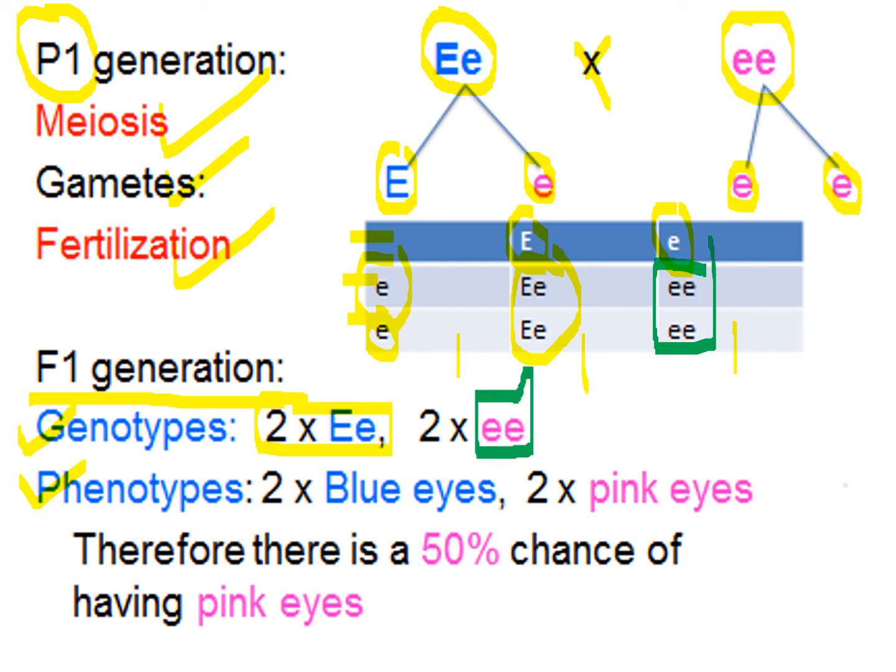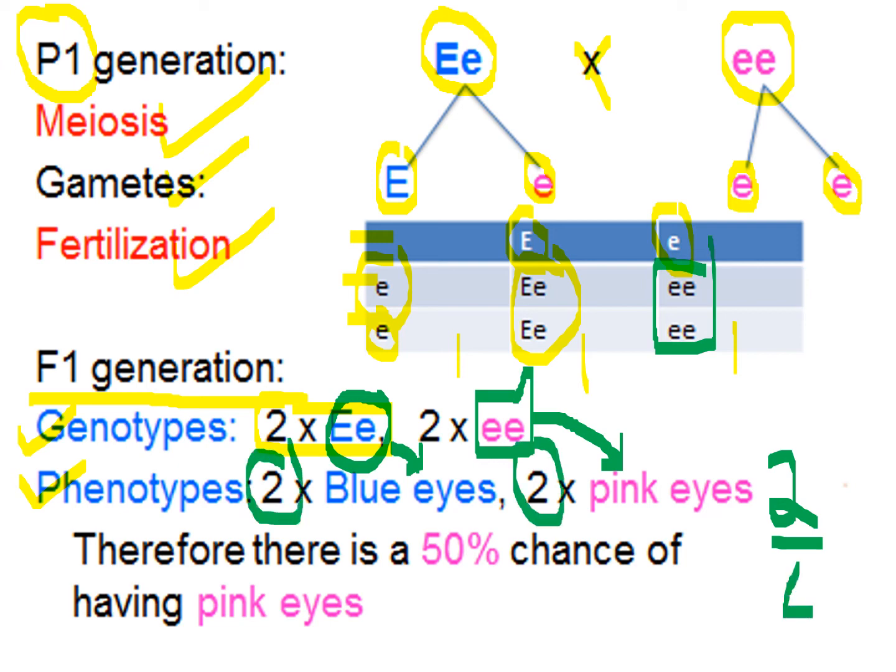And in terms of our phenotype, a heterozygous condition will give us blue eyes, and a homozygous recessive condition will give us the recessive condition, which is pink eyes. So the possibility of a baby having pink eyes is 2 out of the total, which is 2 plus 2, which is 4, which simplifies to 1 over 2, which is then a 50% chance.